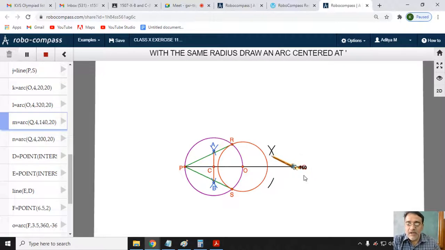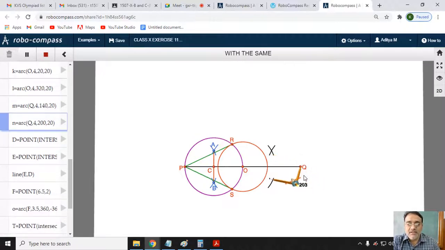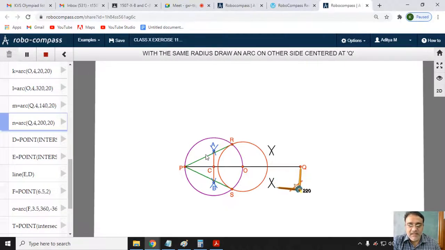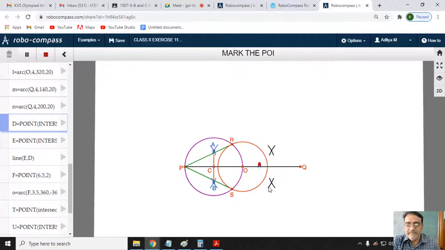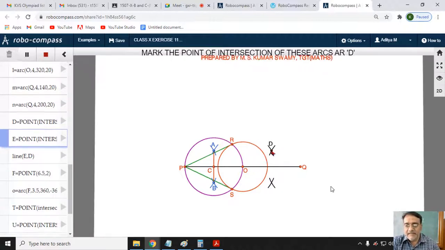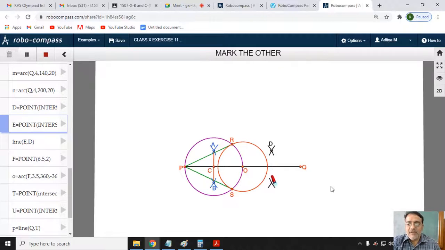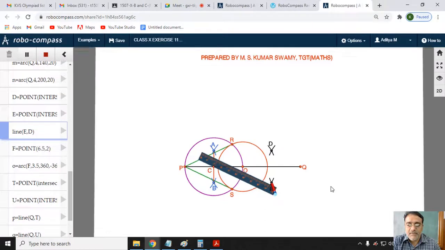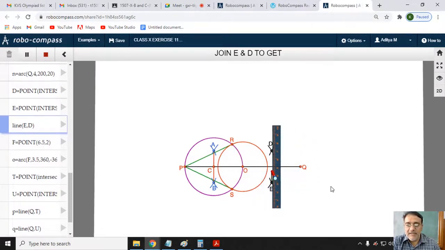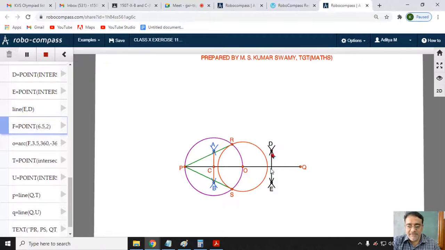With center Q, again we are going to draw the arcs on both sides. Both will intersect at points D and E. After that we will join DE. So that will be the perpendicular bisector of OQ, which will intersect OQ at point F.